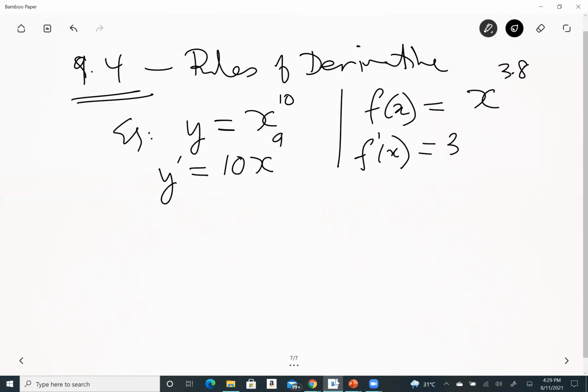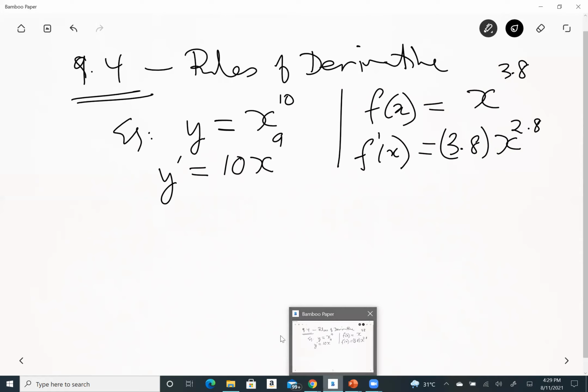That will be equal to 3.8. Since it involves a decimal point, it's good to put the bracket. You multiply by x, reduce the power by 1, x to the power of 3.8 minus 1. What do I get? 2.8. All right.